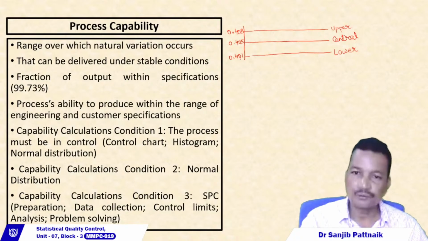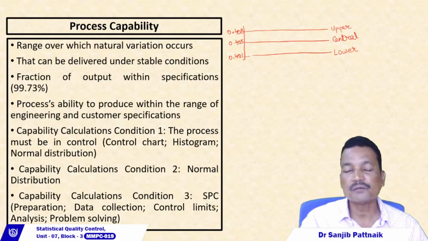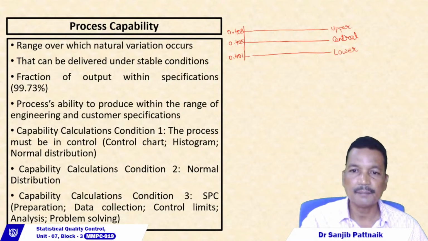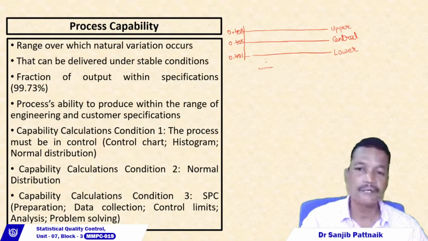It will fit to the body till it comes down to a level of 0.401. If it is below that, that means in this area, then it will never fit to the pen's cap.